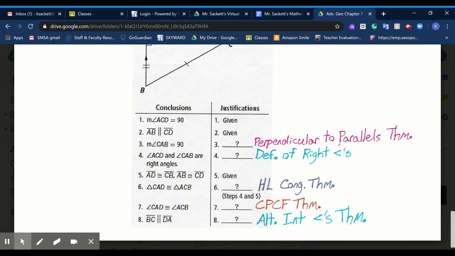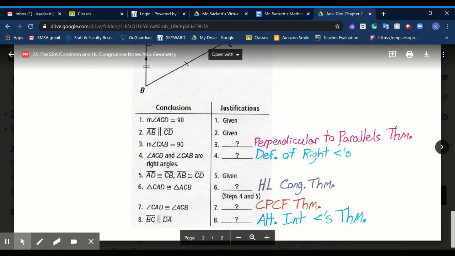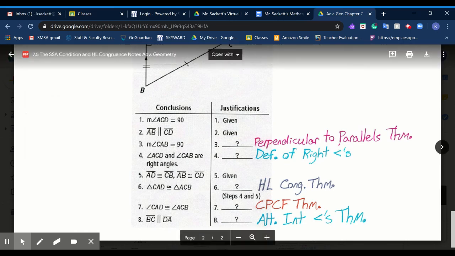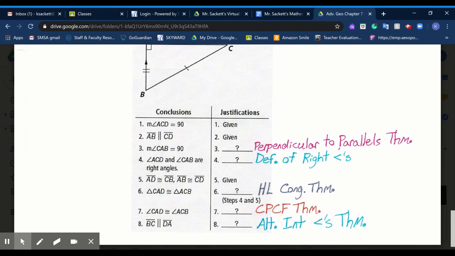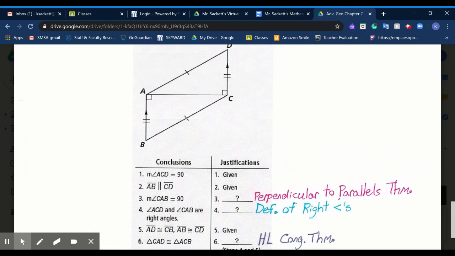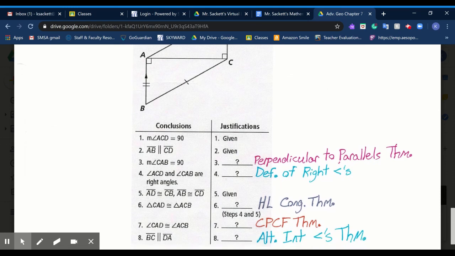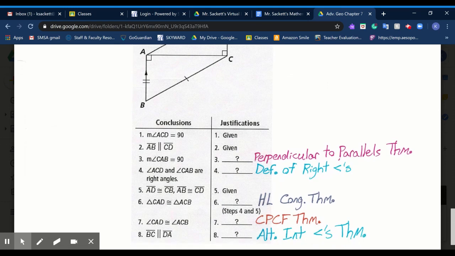Then when we look at our information based on the right angles and the segments, we can use the hypotenuse leg congruence theorem from steps 4 and 5 to state that triangle CAD is congruent to triangle ACB. Once we've established the congruent triangles, we can say any of the corresponding parts are congruent.